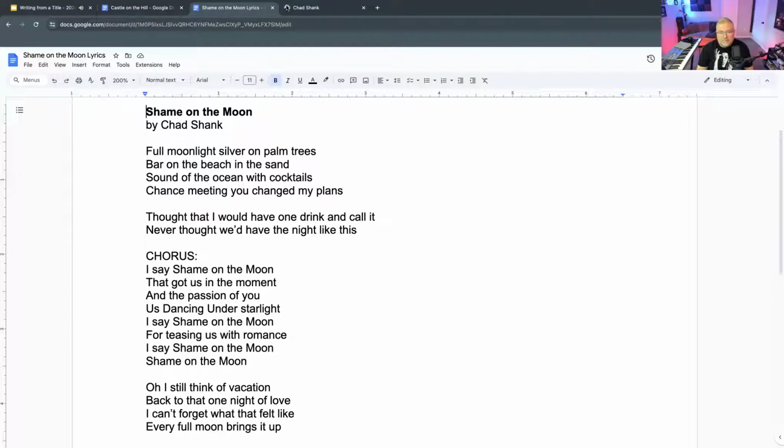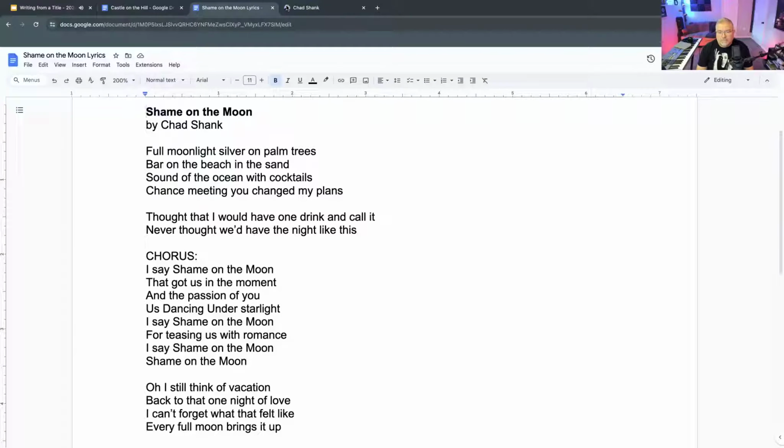Full moonlight, silver on palm trees, bar on the beach in the sand, sound of the ocean with cocktails, chance meeting you changed my plans. Thought that I would have one drink and call it.